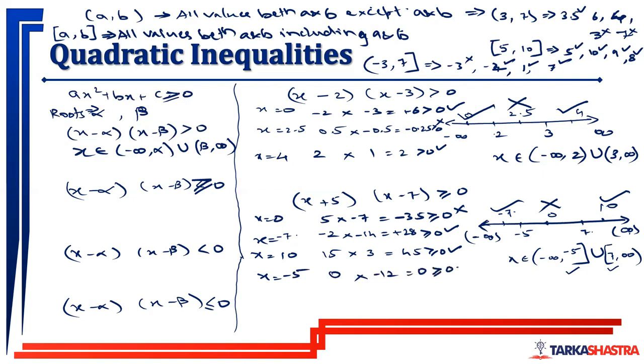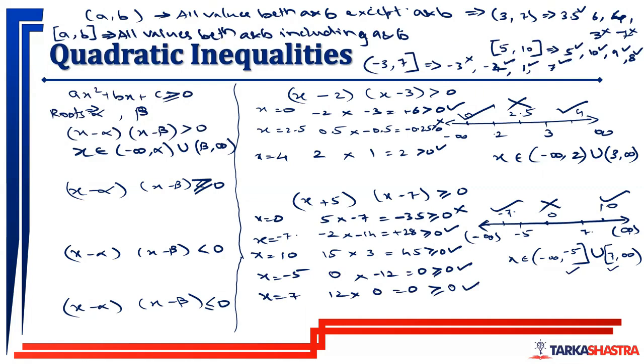Is this greater than or equal to 0? Yes, it is equal to 0. If I put x equal to 7, I have 12 into 7 minus 7, which is 0. Is this greater than or equal to 0? Yes. This value also satisfies the inequality. If this method is understood, good.